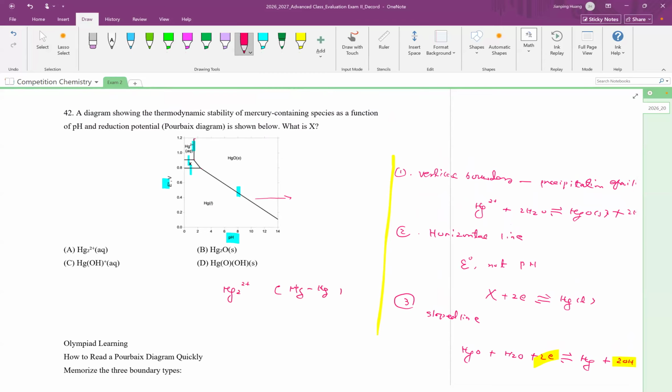And at equilibrium, 2 plus 2 electrons, you get here. Right. And 2 plus. Both are pH dependent. So what's the X?